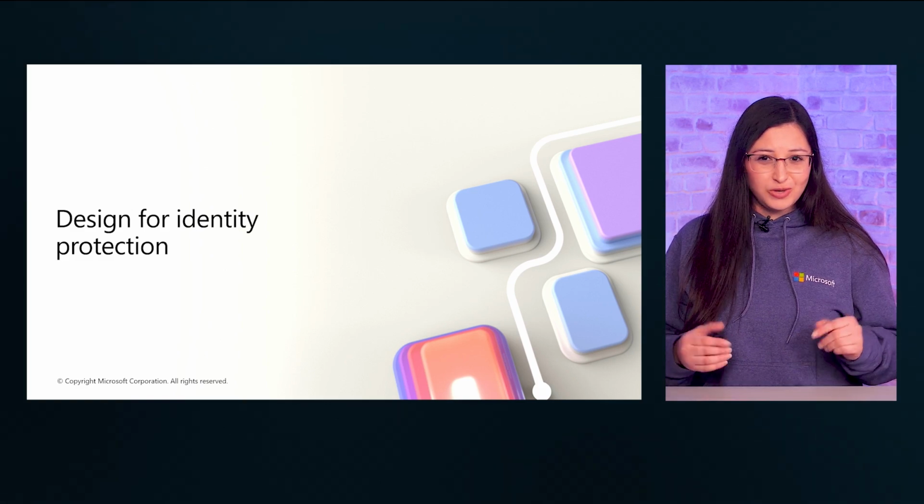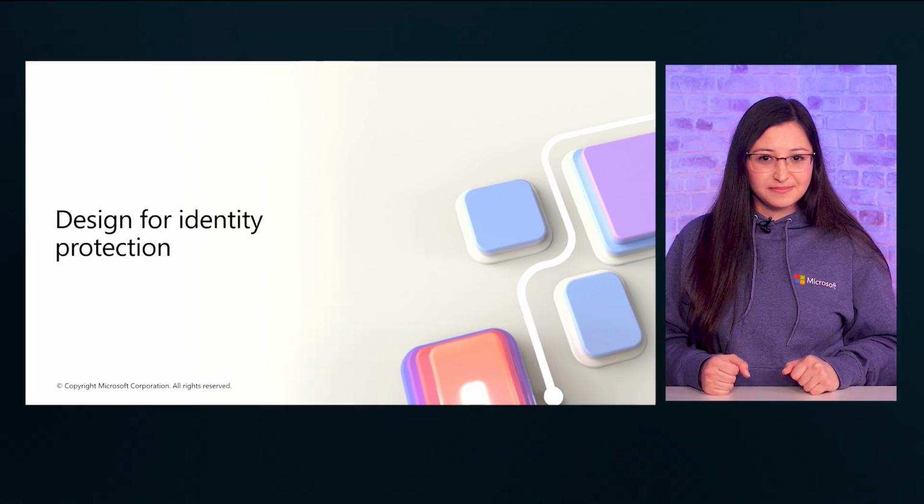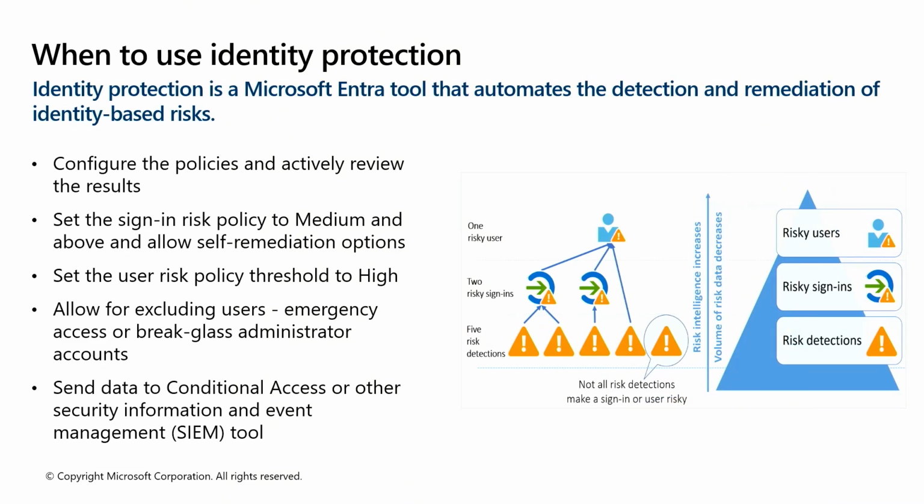So, how do we design for identity protection? Identity protection automates detection and remediation of identity-based risks. It detects things like leaked credentials, anonymous IP addresses, atypical travel or password spray, and allows you to act on it.